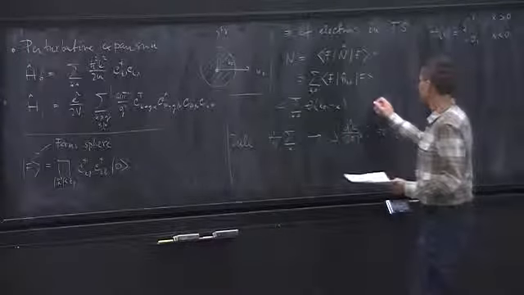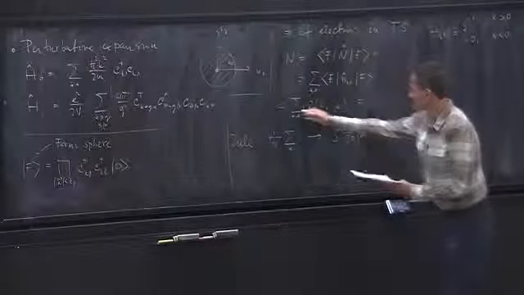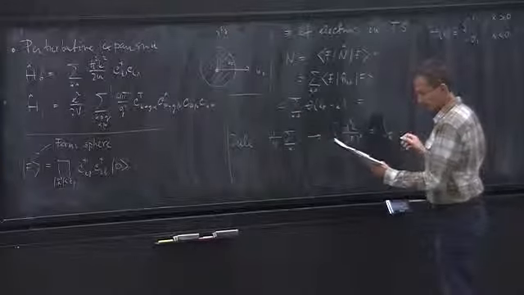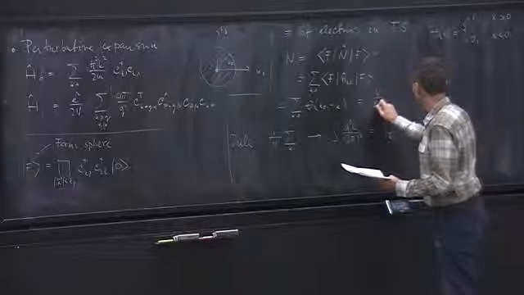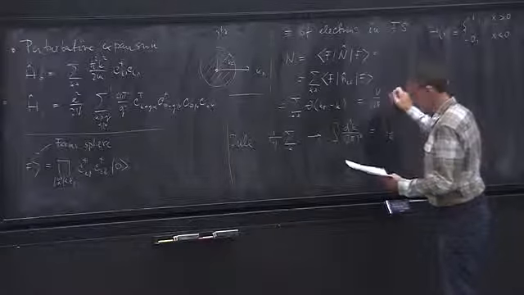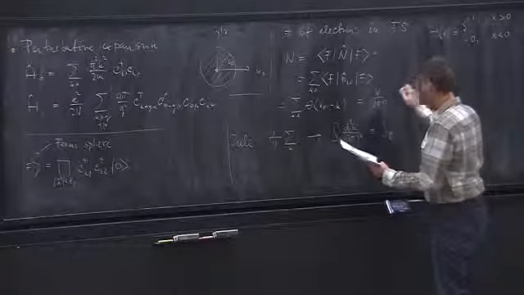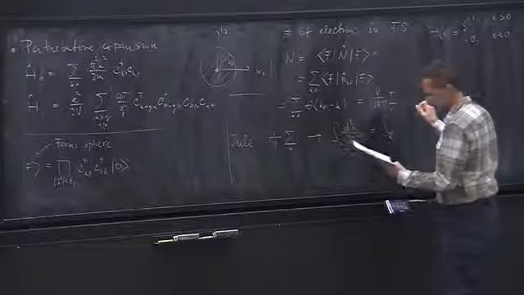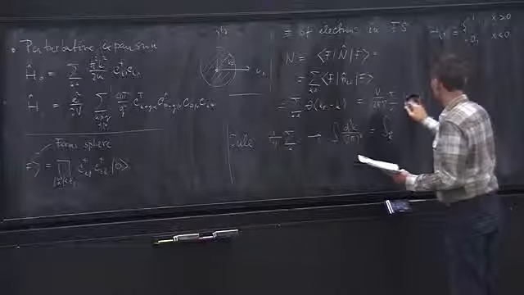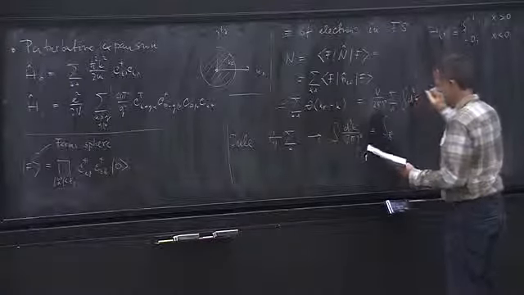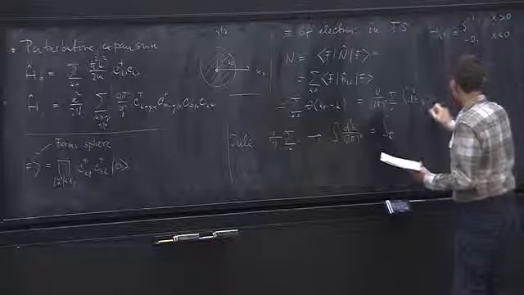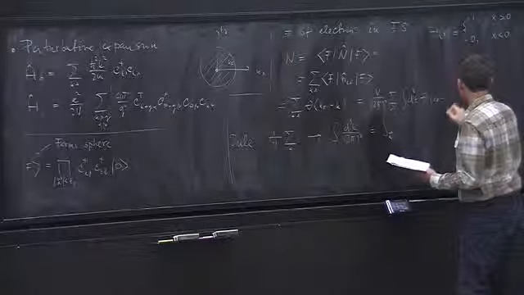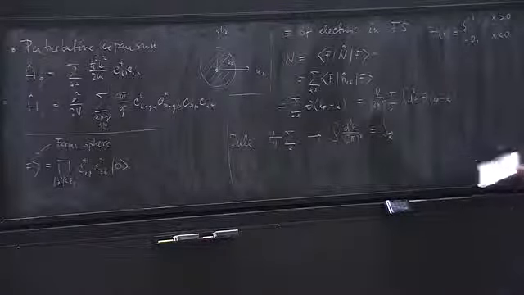So this in the thermodynamic limit can then be written as V over 2 pi cubed times the sum over 2 spin projections, d3k of theta of kf minus k.